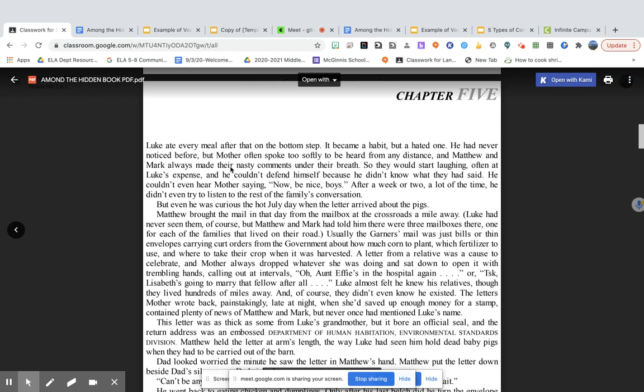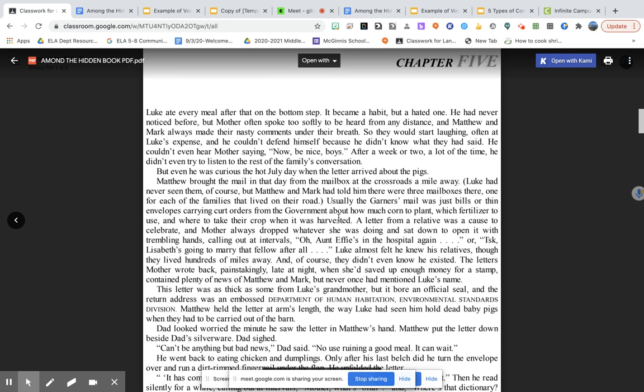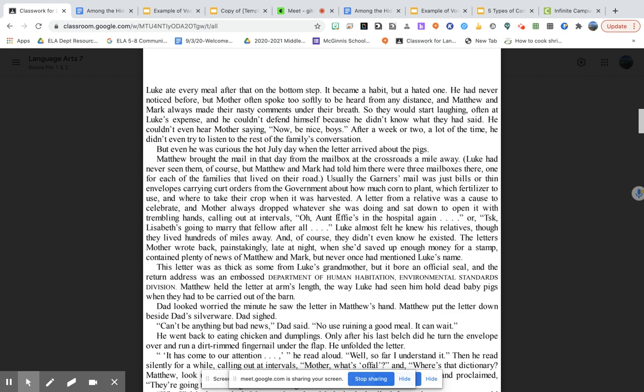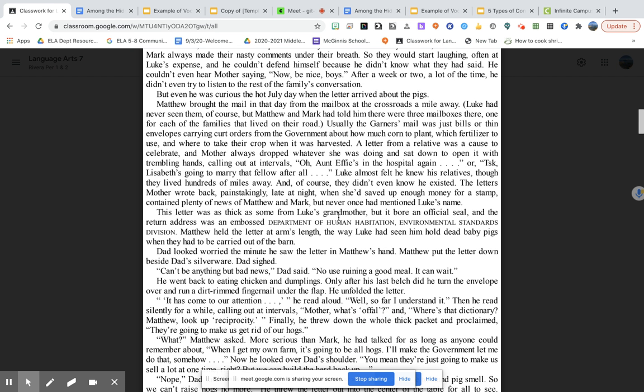But even he was curious the hot July day when the letter arrived from the pigs. Matthew brought the mail in that day from the mailbox at the crossroads a mile away. Luke had never seen them, of course, but Matthew and Mark had told him that there were 3 mailboxes there, one for each of the families that lived on the road. Usually the gardener's mail was just bills with thin envelopes carrying curt orders from the government about how much corn to plant, which fertilizer to use, and where to take their crop when it was harvested.